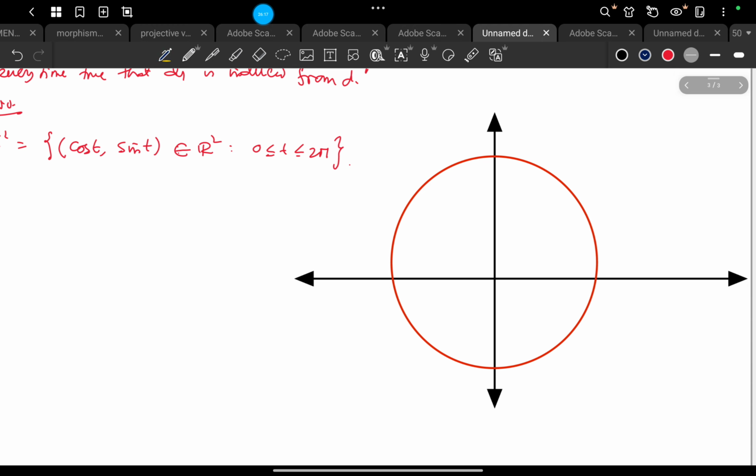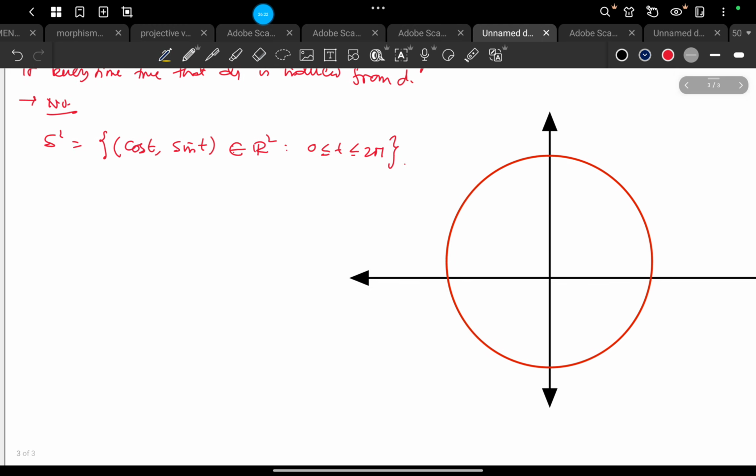Now the question says suppose this is my subspace. So of course S1 is a subset of R2.